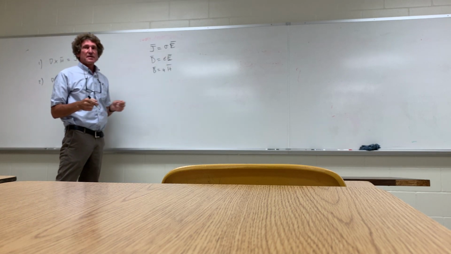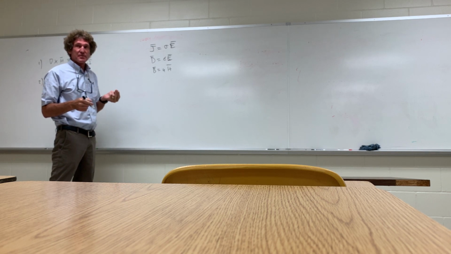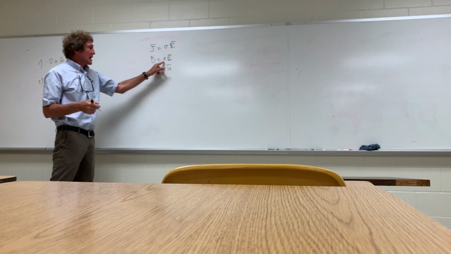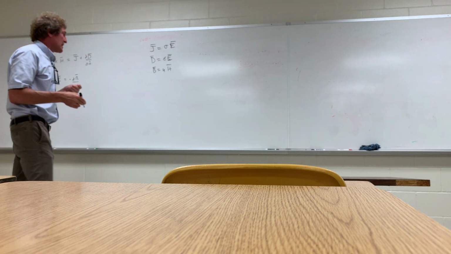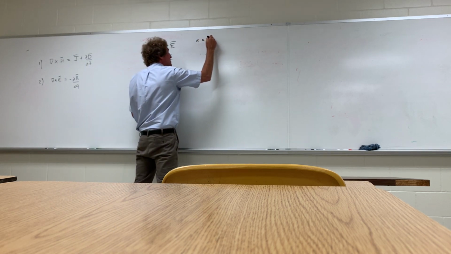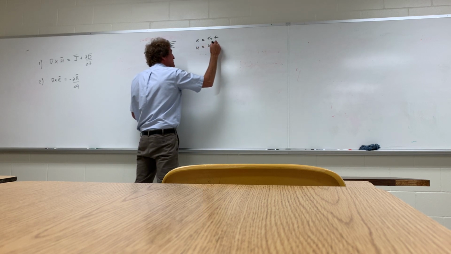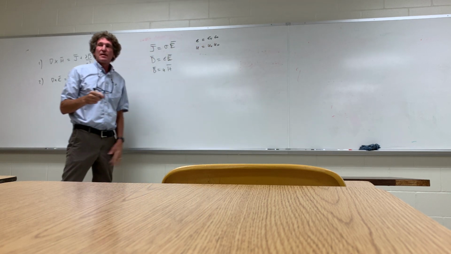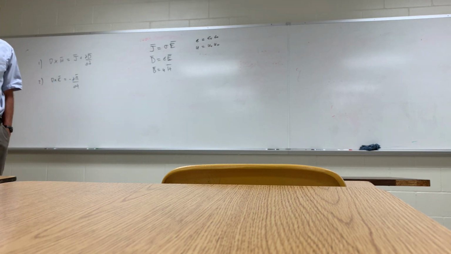Sigma is the conductivity, and it tells you how conductive a region is. The larger that value, the better current flows in that region. Think of it that way. Epsilon is the permittivity. Epsilon is epsilon relative times epsilon naught, and mu is mu relative times mu naught. Here, mu naught and epsilon naught are based on the values in a vacuum.